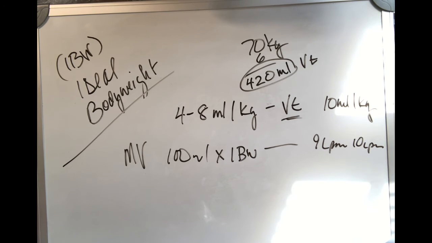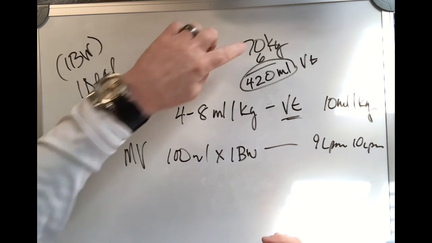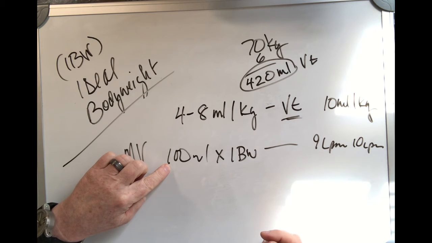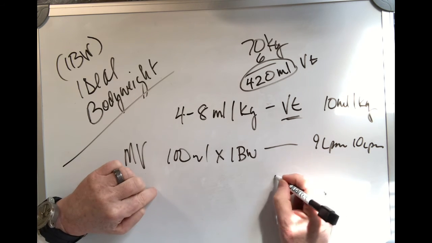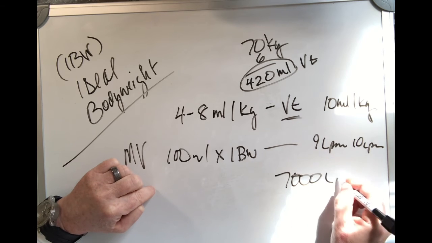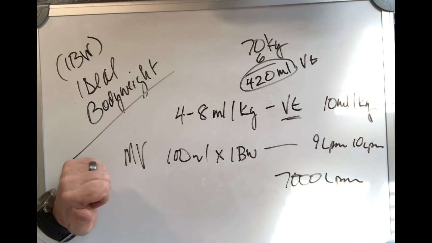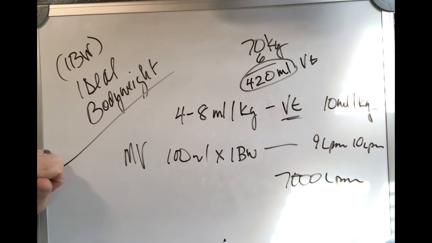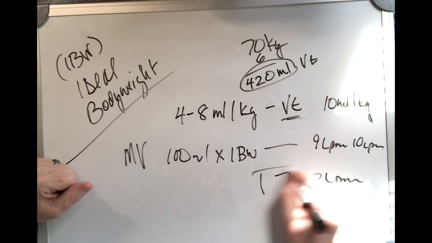All right? My ideal body weight is 70 kilos times 100. That gives me 7 liters per minute as my minute ventilation. The only thing missing here now is the respiratory rate. The way that I get the respiratory rate is real simple.